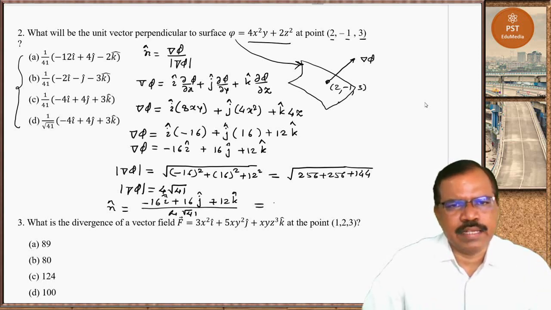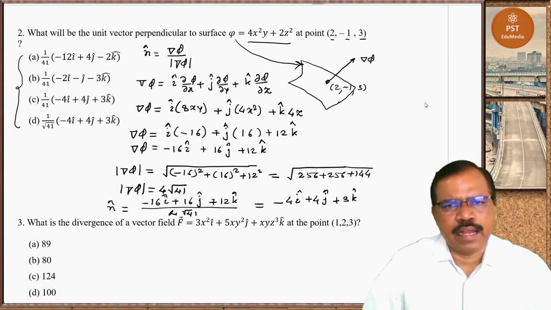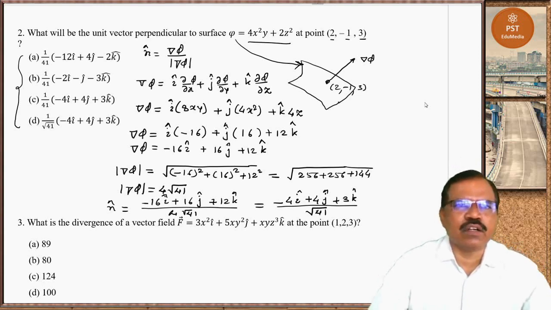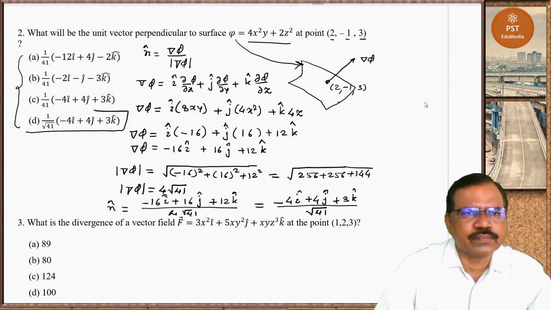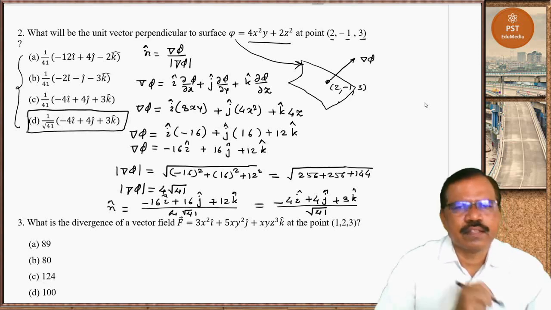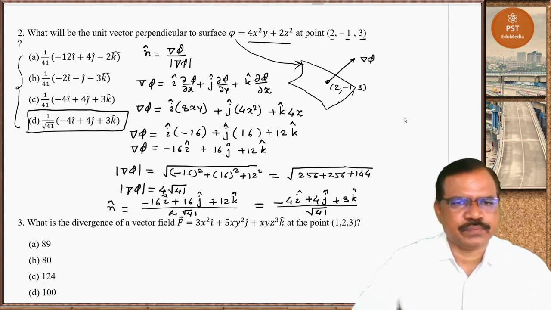So you will get minus 4i plus 4j plus 3k, and whole divided by root of 41. So this is the unit vector normal to the surface. So out of these four alternatives, you will observe this last one is correct.